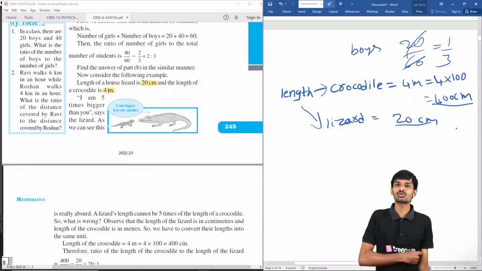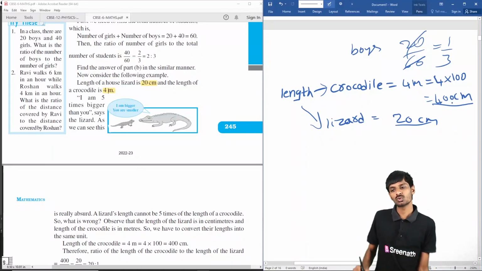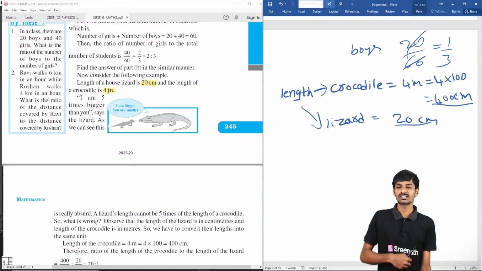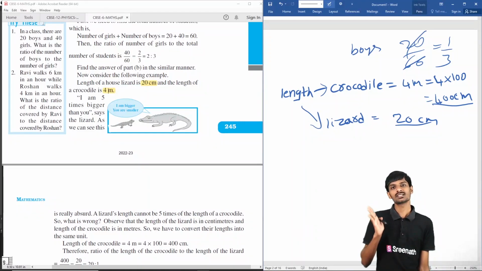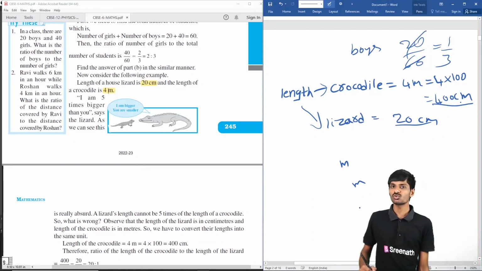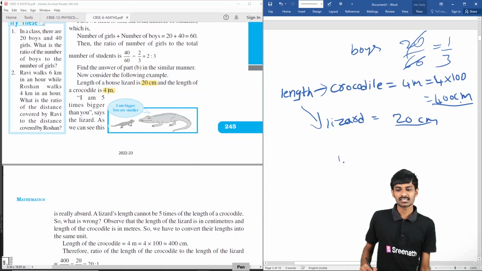So when you have to look at the numbers, first you have to look at the units, whether it is in centimeters or in meters or what the units are. Whenever the units are the same for both quantities, here centimeters and here also centimeters, or both meters, then you can start comparing. Suppose both are in kilograms, we can compare.